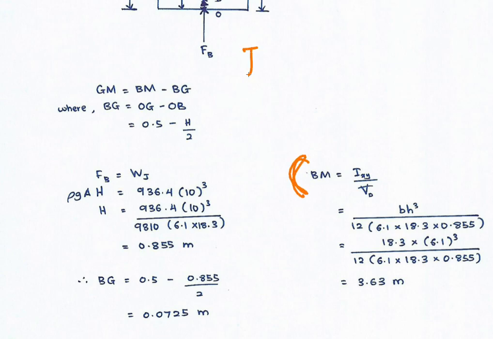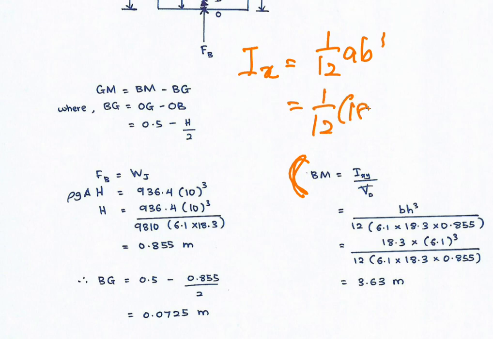So I is 1/12 AB cubed, which becomes 1/12 times 18.3 times 6.1 cubed. And then V here is the volume.